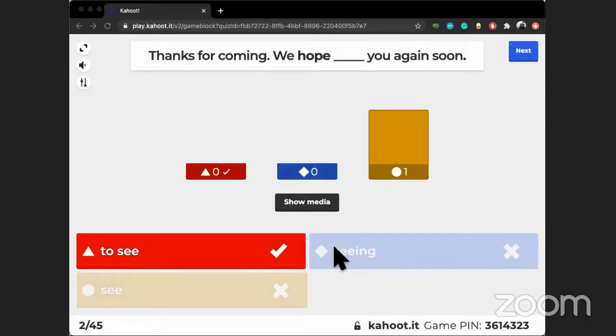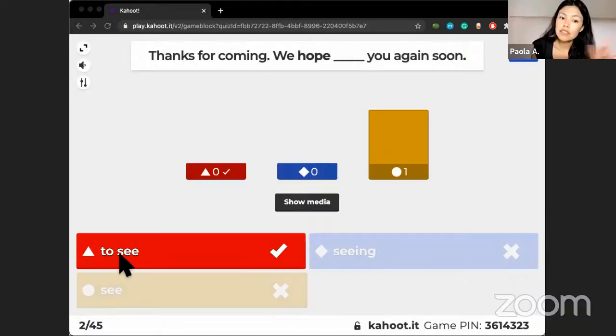So we have to choose between two options. Is it an infinitive? This is called infinitive. Or is it a gerund? When we have the ing in the verb, it's called a gerund. So it's one or the other. But we're going to try to just recognize the verbs. In this case it was hope. So after hope, we have an infinitive. All right, let's continue.